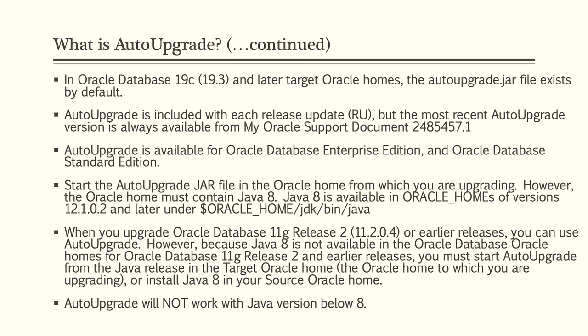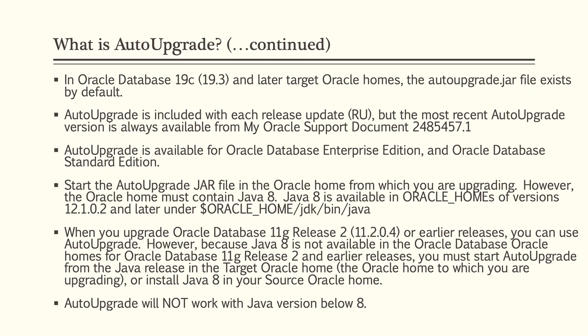Although auto upgrade is included with every quarterly release update that Oracle releases in the months of January, April, July and October. So imagine that we are living in October of 2020 today. I will wait until maybe the 17th of October, which is tentatively when I can expect the October 2020 release update.